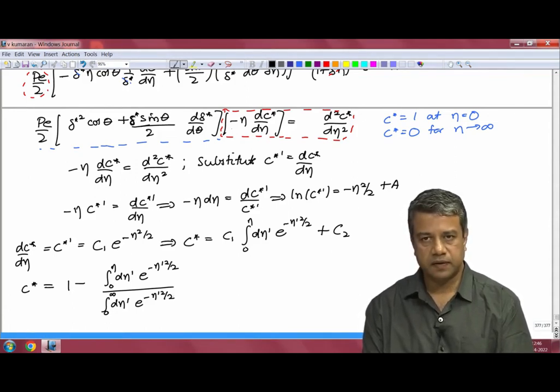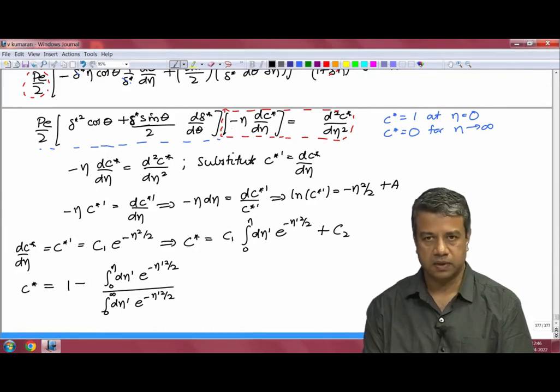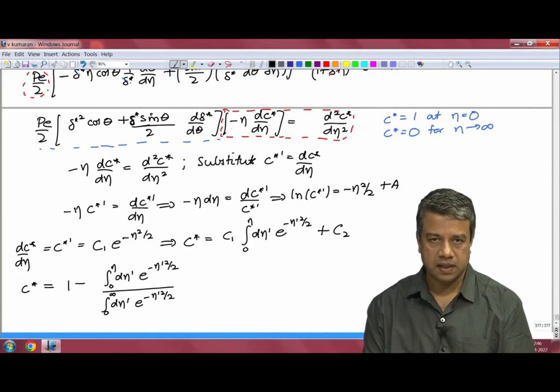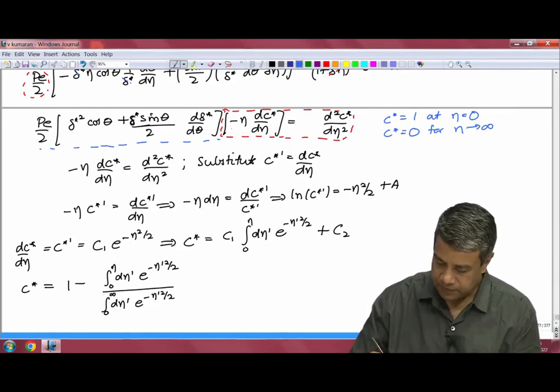You can easily verify at eta equal to 0, this is equal to 1 because the integral in the numerator on the second term on the right side is 0. As eta goes to infinity, the second term on the right side is 1 and therefore c star is equal to 0. So, it satisfies both boundary conditions. This term we had actually evaluated earlier.